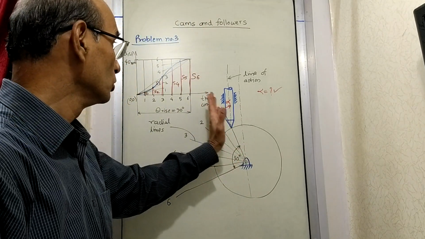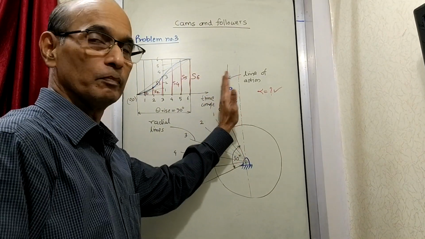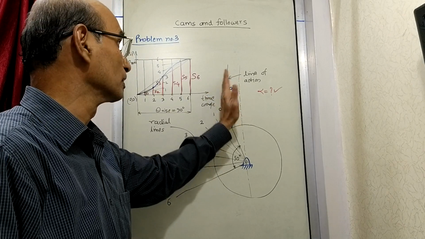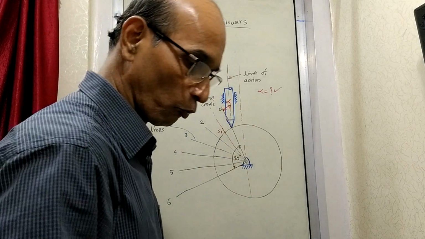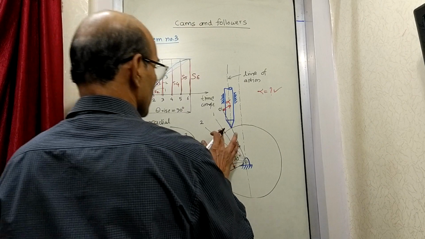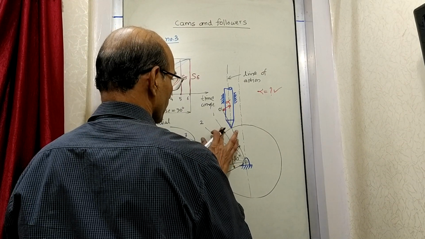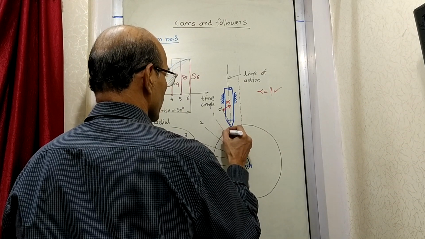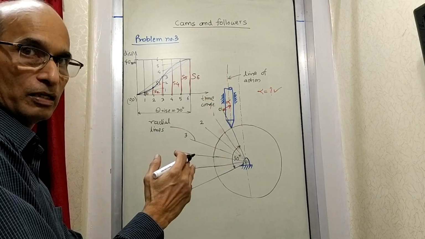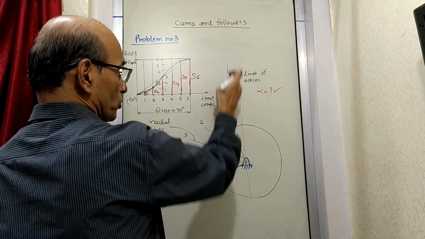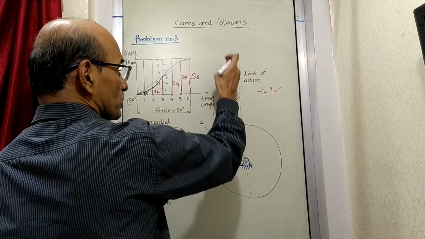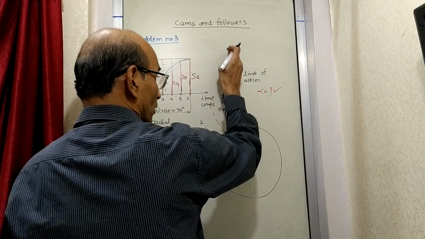Now once you know the position alpha where the line of action lies, then what you will have to do is, S1 is not marked here. S1 is to be marked on the line of action because this is where the displacement is going to be. The displacements S1, S2, S3, S4, S5 should come along the line of action.